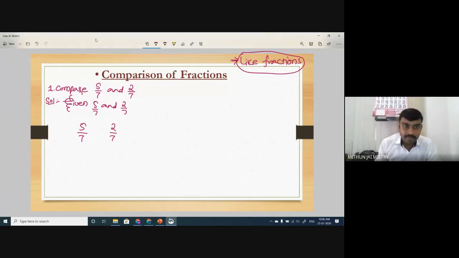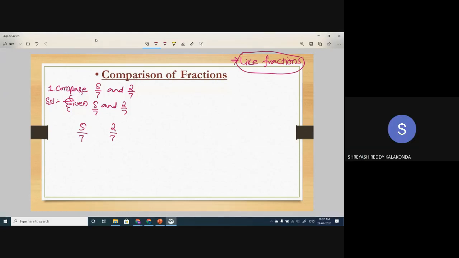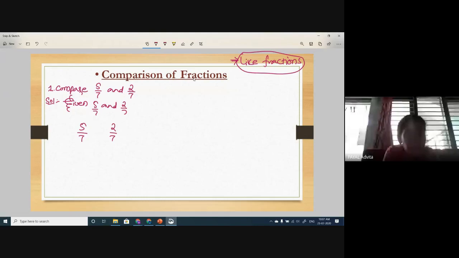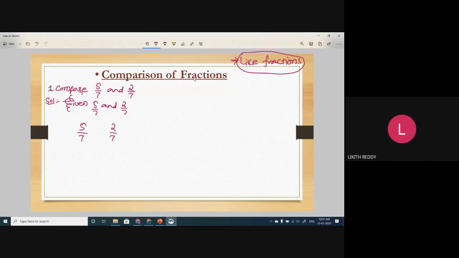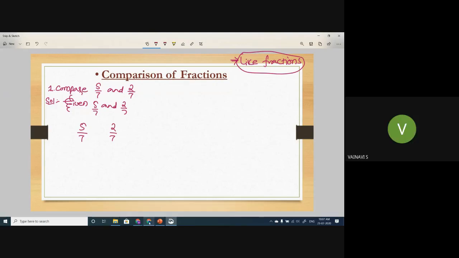Over here, you see 5 by 7. Children, are you able to see the cursor? Where I am showing my cursor now? Sir, no, I can't see. Sir, up. Now can you see? Sir, I can see now. Sir, I can see presentation.